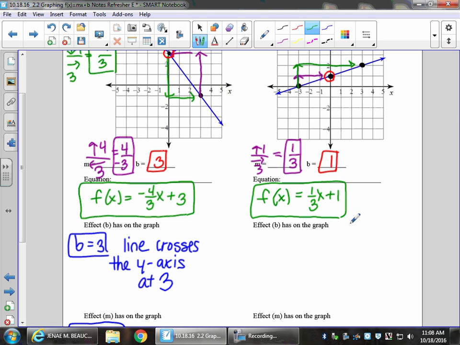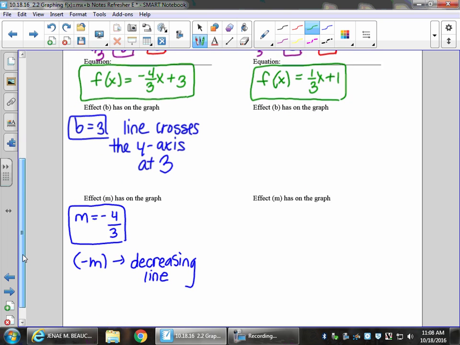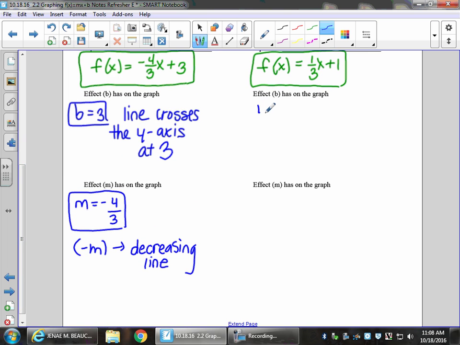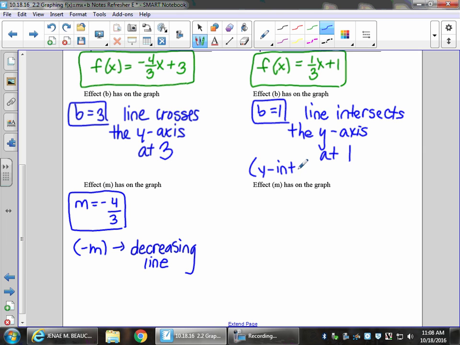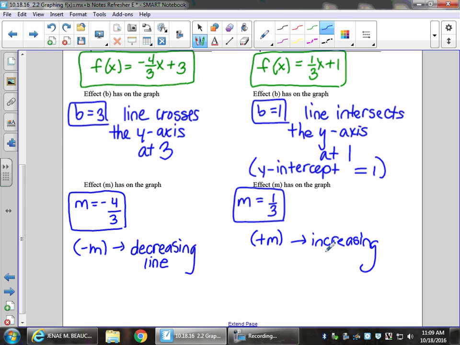What does M do in this line? Do we match? Who matches?